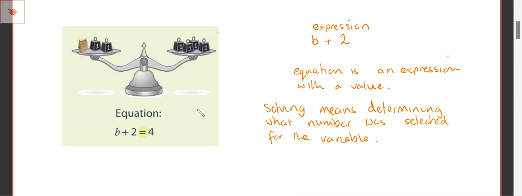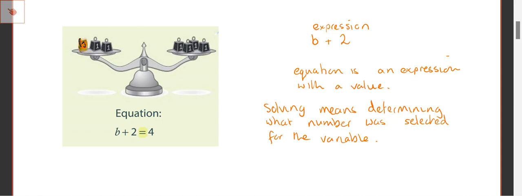What can we do? Well, if we look at this set of scales, I want to figure out what one unknown is. So the B stands for the bag, right? So this is the B, and this is the 2. What can we do to maintain the balance? First, you want to make it B equals something, so you take 2 off that side.